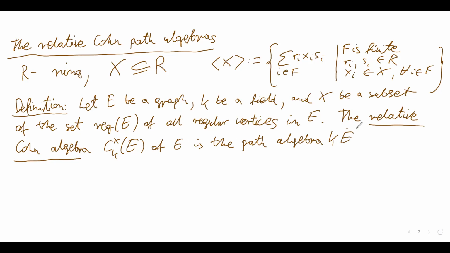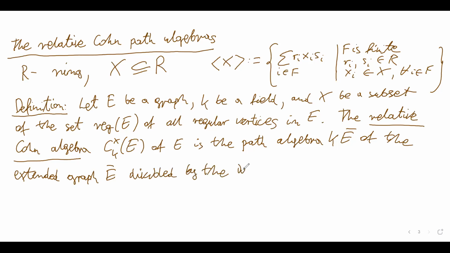It's a path algebra K of the extended graph E bar, divided by the ideal generated by the union of the following subsets.